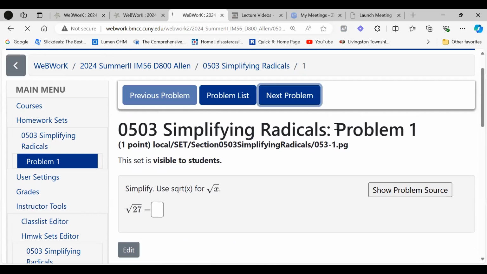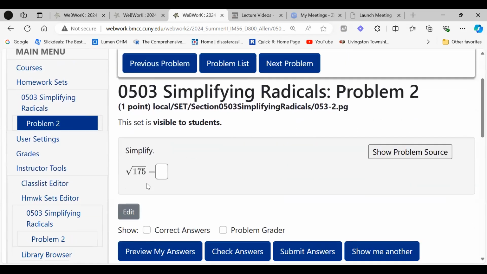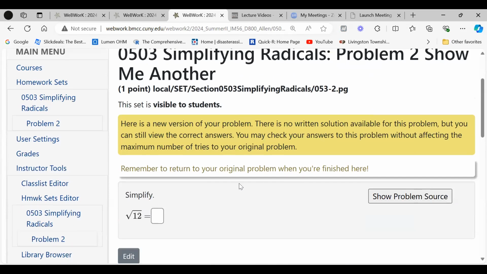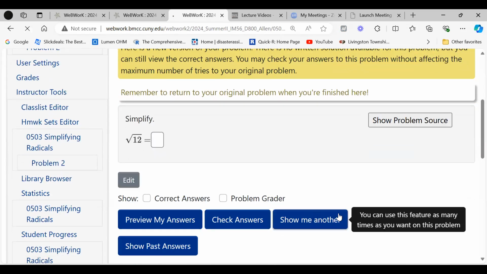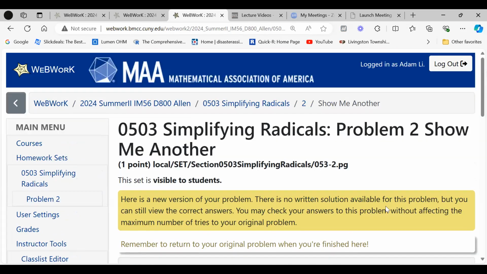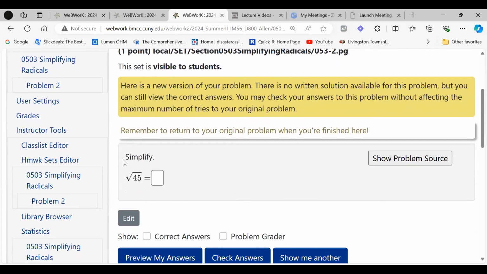Let's look at the next problem. The radical of 175. You try this one. Let's try this one, 45.